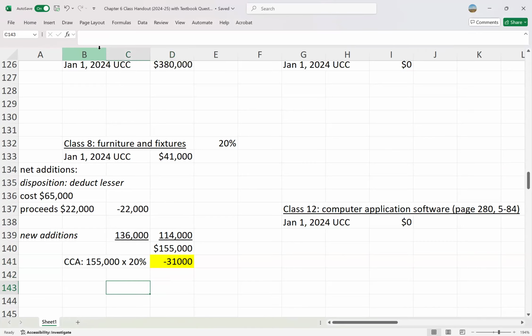And then just to conclude this, the balance going into next year, January 1st, 2025, will be 124,000. So I'm just going to highlight the CCA there, because we know that we will be able to deduct that this year. Any questions about that CCA calculation?